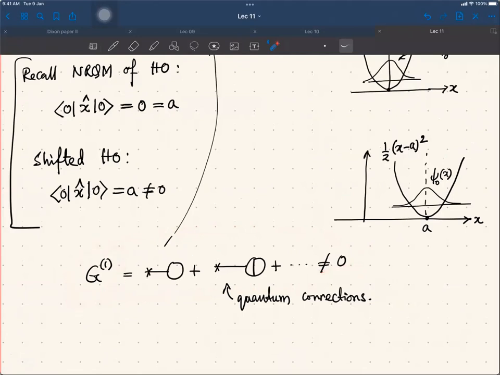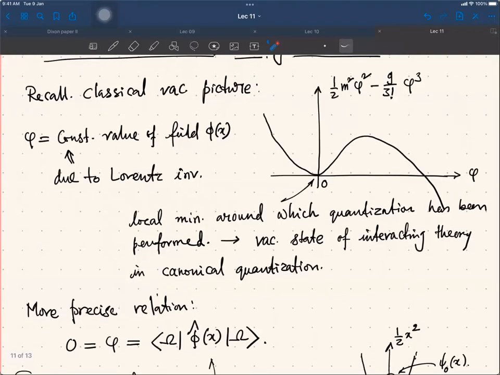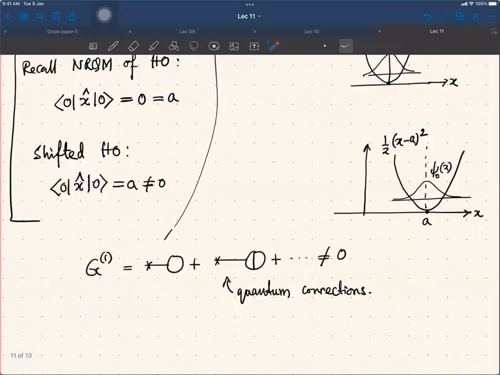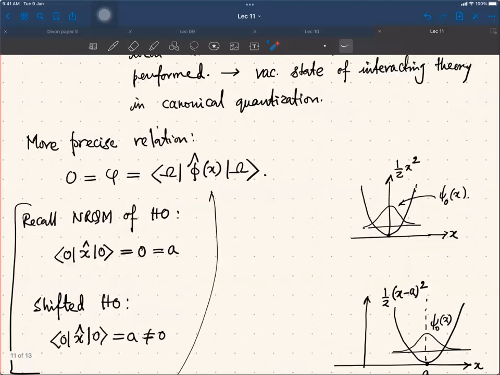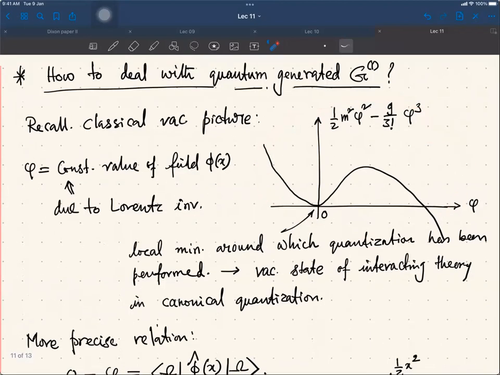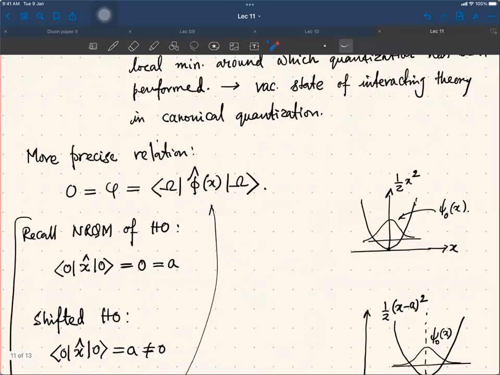You can set it to 0 through a certain procedure, and that is what we will first focus on, and then later on we will develop a quantum version of this picture, which of course will have this procedure as a sub-procedure, as a part of this more complete picture. That picture is the picture of effective action, which will be discussed later.